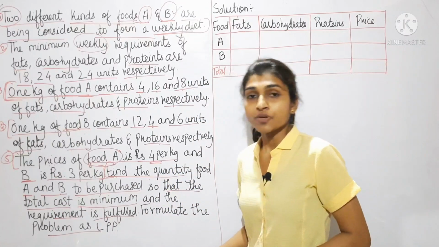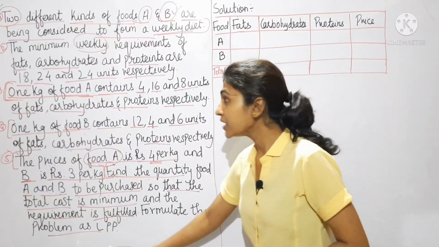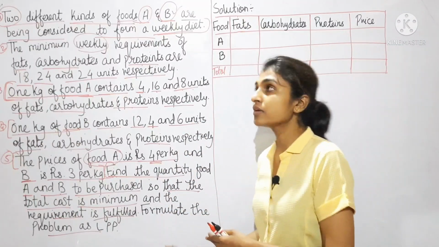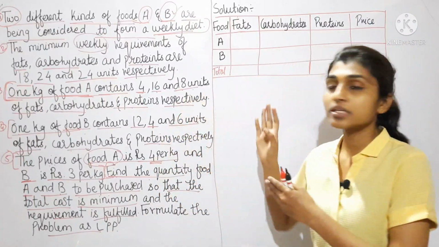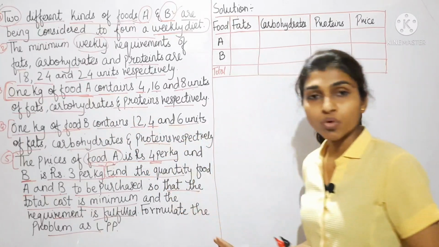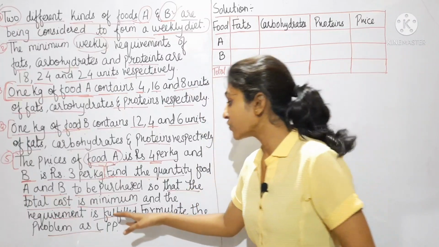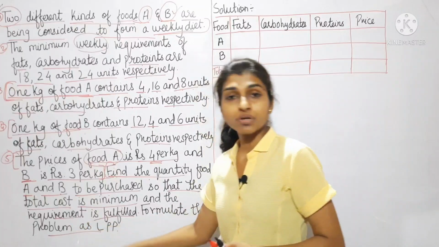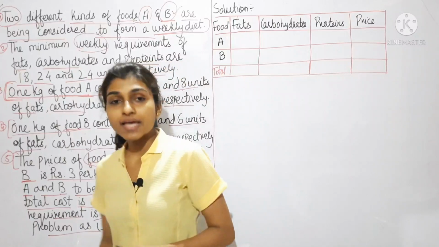Now this is a big example question, and we have understood it. In short, it is a weekly diet requirement of fats, carbohydrates and proteins, and we have to find the minimum total cost in which we can fulfill the requirements, and formulate the problem as an LPP.